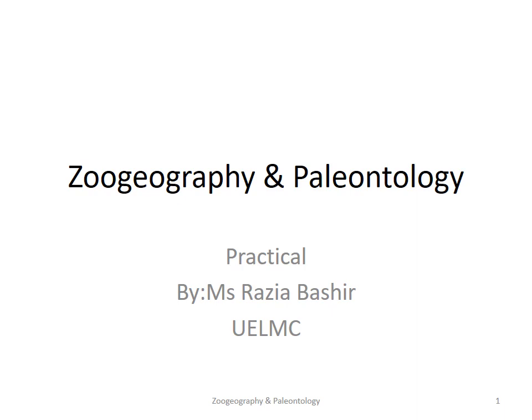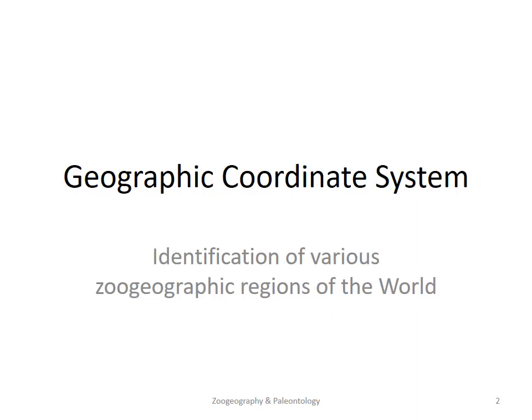Today we will start with the geographic coordinate system in Zoogeography and Paleontology. Our experiment today is the identification of various zoogeographic regions of the world. In order to identify different geographic regions of the world, we will use the geographic coordinate system.